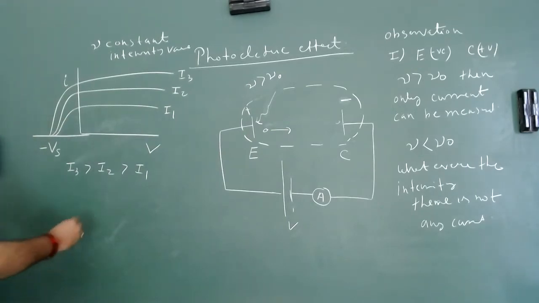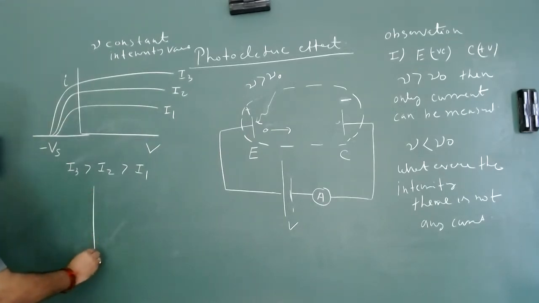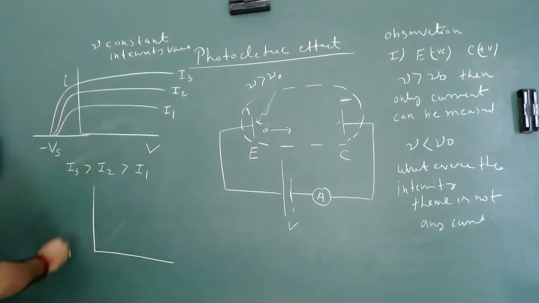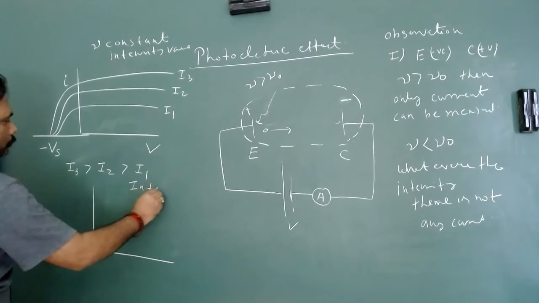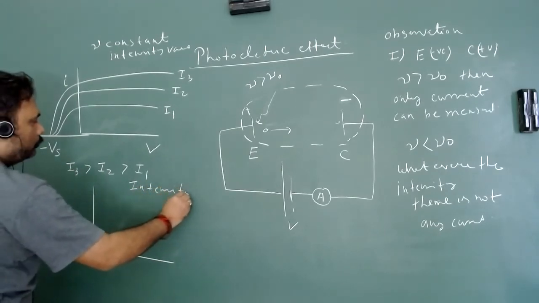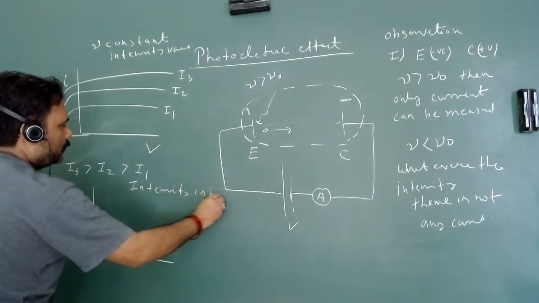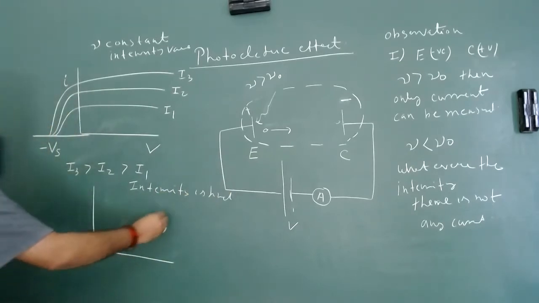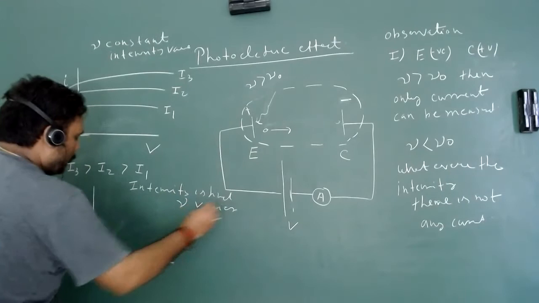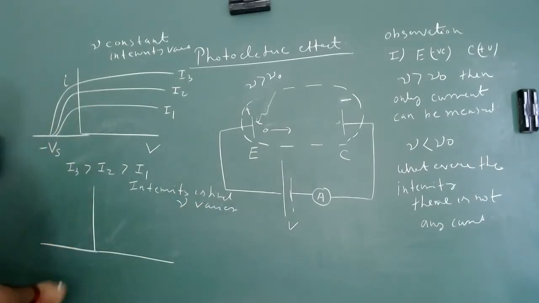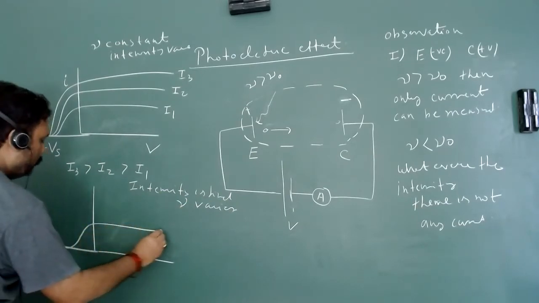And the second plot that we are going to plot here is where intensity is fixed, but frequency varies. The curve is something like that.